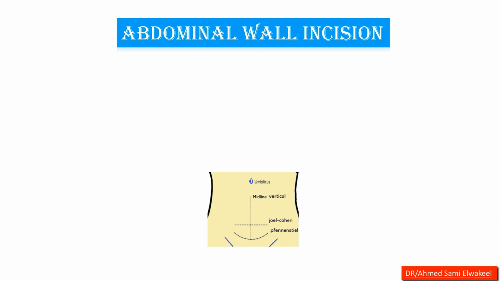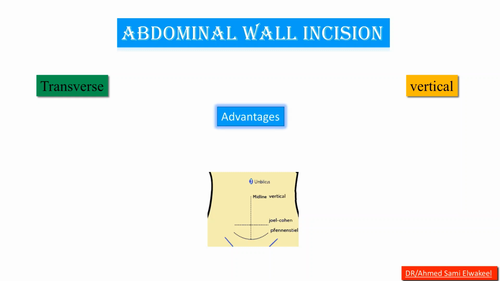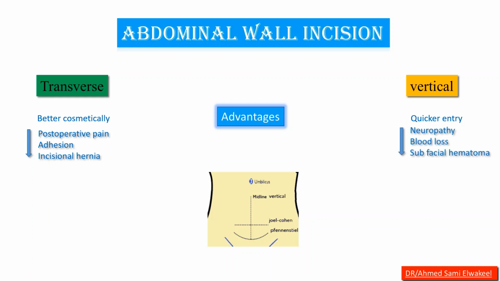Abdominal wall incision. We have two types of incisions, transverse and vertical. The advantage of transverse incision: better cosmetically with less post-operative pain, adhesion, and incisional hernia. The advantage of vertical incision: quicker entry with less neuropathy, blood loss, and superficial hematoma.